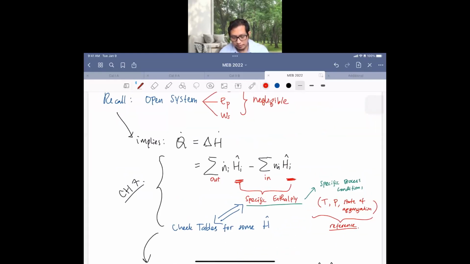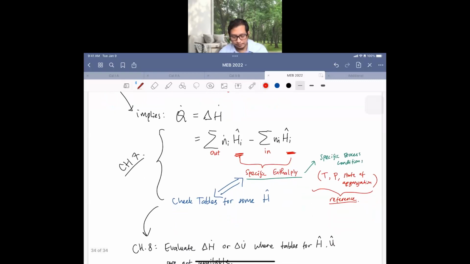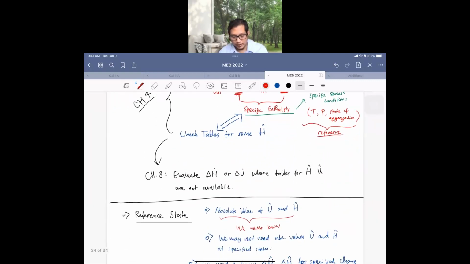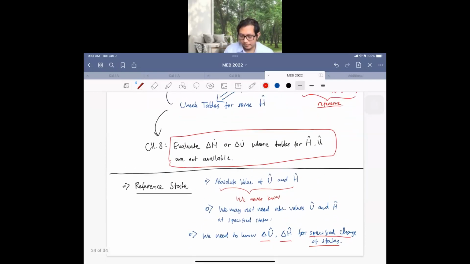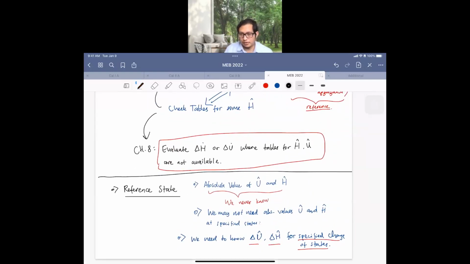I think this is important for chapter 7, some ideas that you need to conclude from chapter 7. In chapter 8, this is the whole idea, so we need to evaluate this when we don't have any tables available for some calculation.